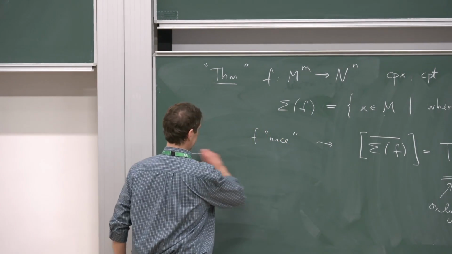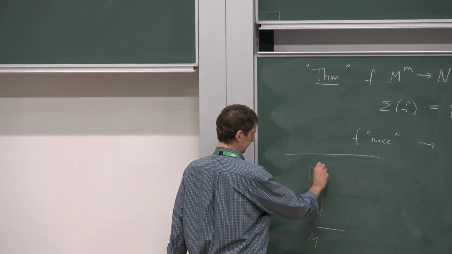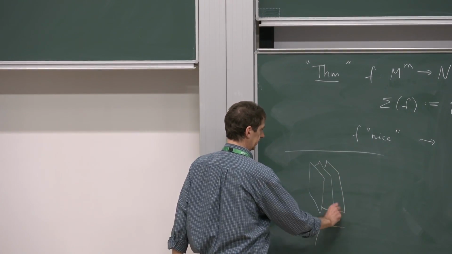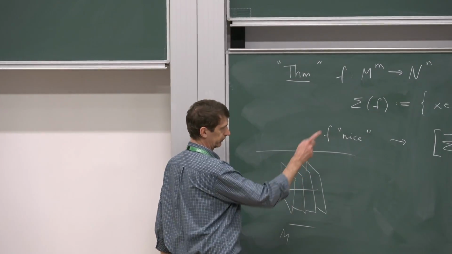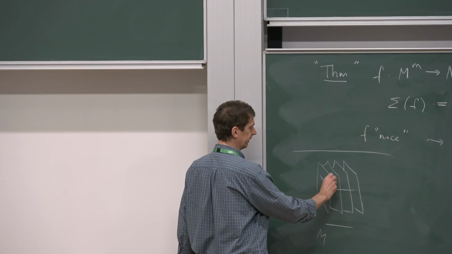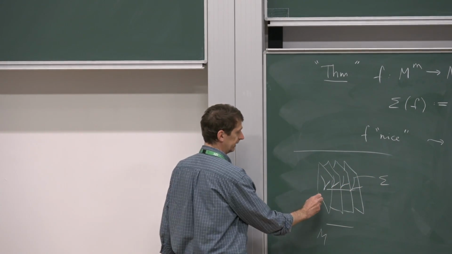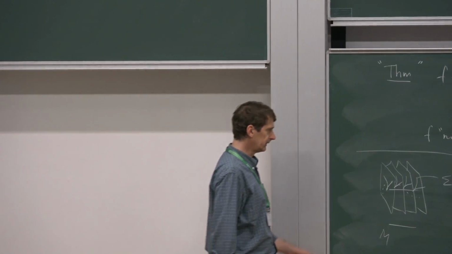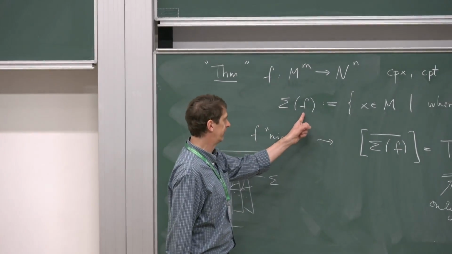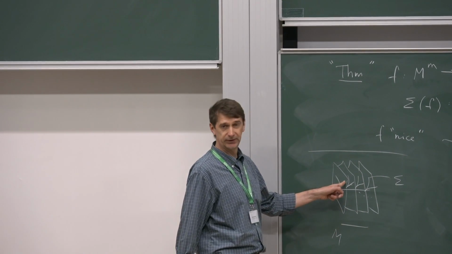So the situation will be that over M, there is this fiber bundle with a vector space fiber and structure group, the diffeomorphism group. There's a sigma in every fiber and a section. In that sense, sigma of F is exactly those points in the source where the section hits sigma in the fiber.